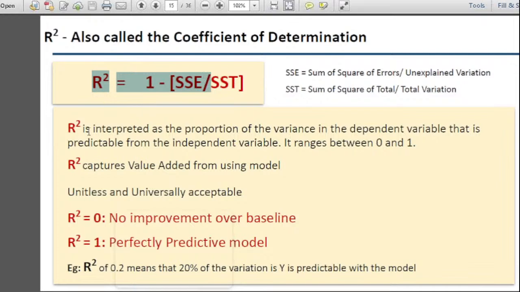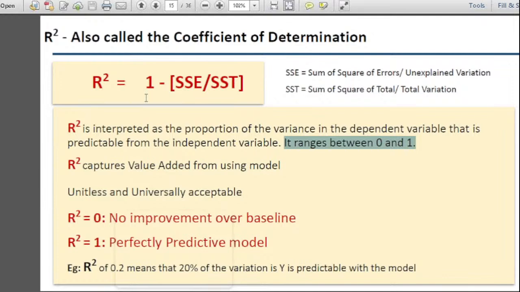Right? So R square is interpreted as the proportion of variance in the dependent variable that is predictable from the independent variable. It ranges between 0 and 1. Means how much of the variation my regression line is able to capture. That gives me the R square.